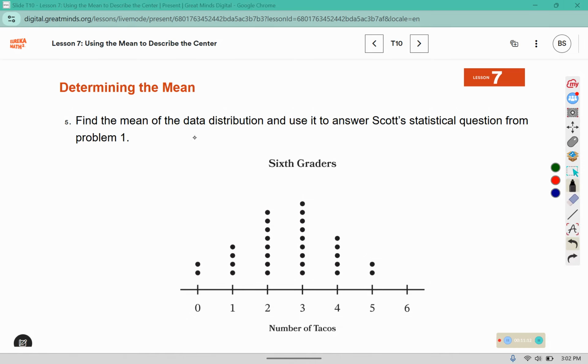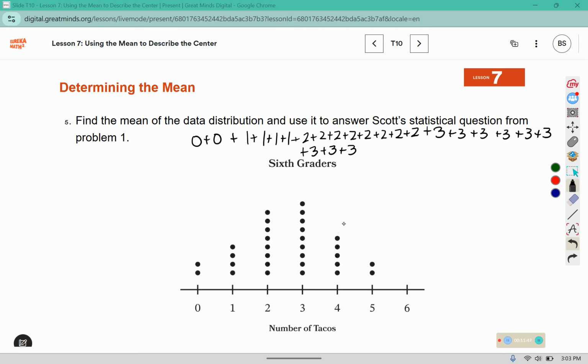So we have 2 zeros, 4 ones, 1, 2, 3, 4, 5, 6, 7, 8 twos, 9 threes, 1, 2, 3, 4, 5 fours, and 2 fives. So we need to add all the tacos together.